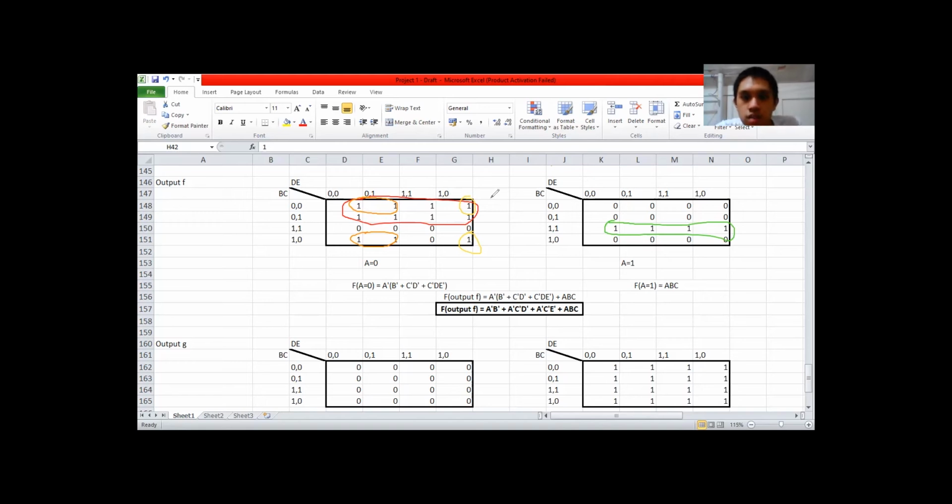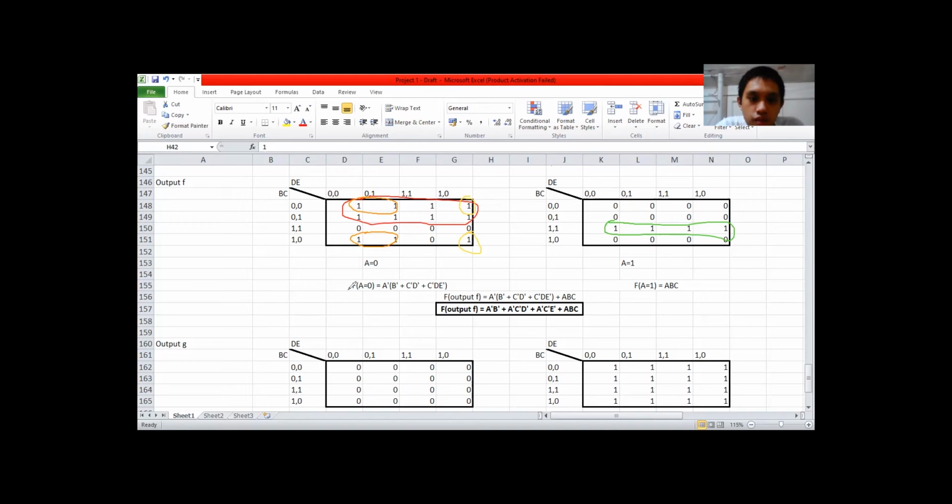So that is for the yellow group. For the green group, for this row, A is 1, B is 1, C is 1. Since this group lies in a single row, and D and E will cancel because the values are changed. Therefore, we will be left with A ANDed with B ANDed with C.